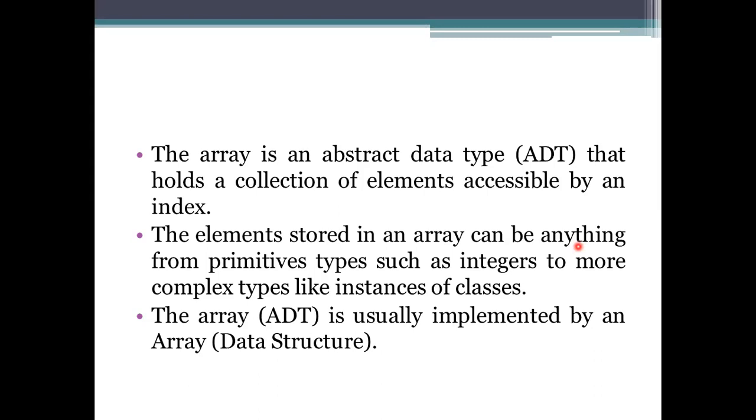And the elements we are using will be accessed by their respective index values. So any primitive data type you have been using for the declaration or the usage of the array will be allowed here.